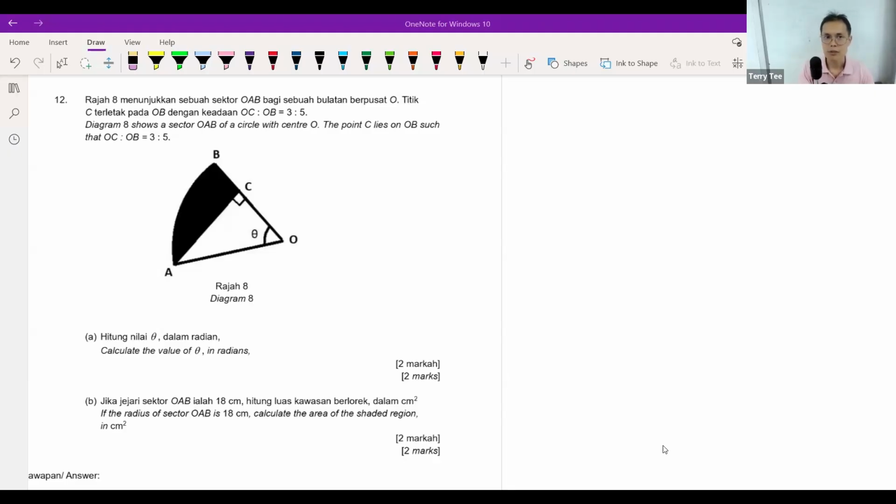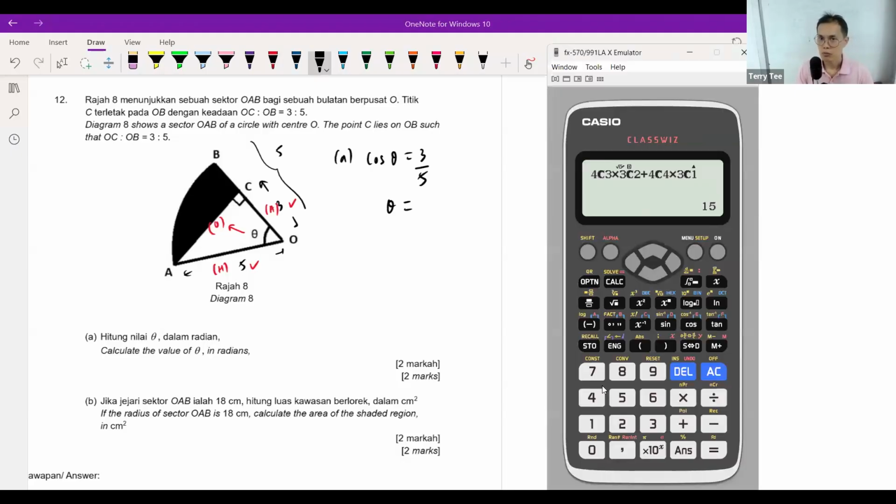Now, if you look at the diagram, this is your opposite, this is your hypotenuse, this is your adjacent. You know your adjacent, you know your hypotenuse, so we should use cos. Let me write here: cos theta is OC over hypotenuse, the ratio is 3 over 5. So your theta, use your calculator, shift cos. Now, you can actually use your calculator in radian directly.